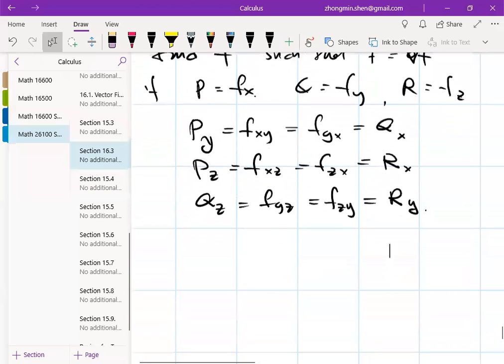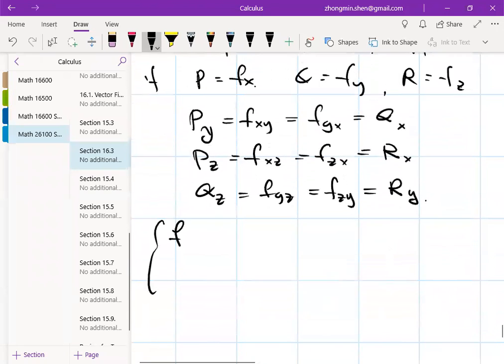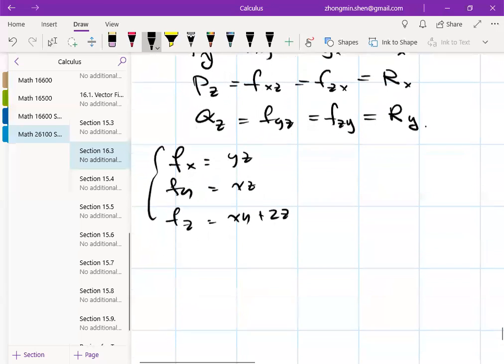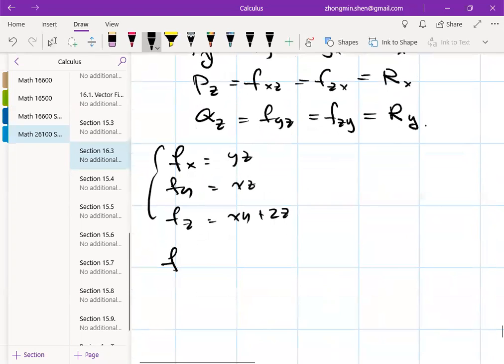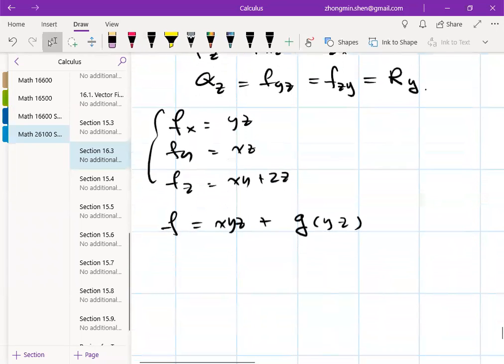Okay, so let's write down the three equations. Fx equals yz, Fy equals xz, Fz equals xy plus 2z. Let's quickly find the f. Integrate the first equation: f is going to be xyz plus, let's use g, a function of y and z. Then I plug into the second equation. When I differentiate, I get xz plus gy, and then I get xz.